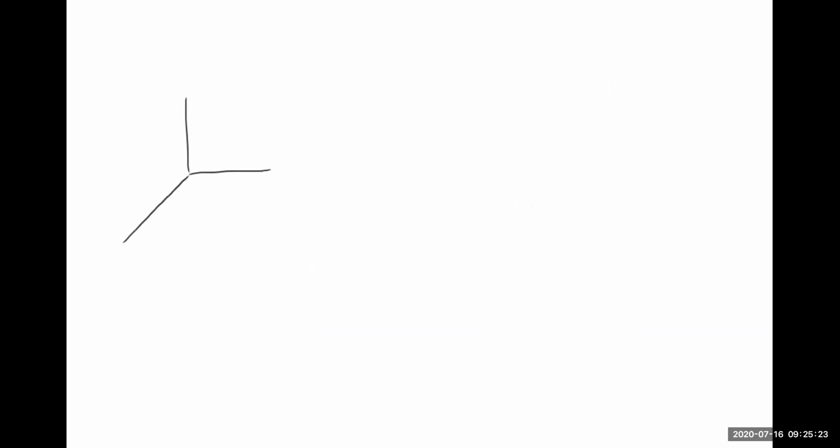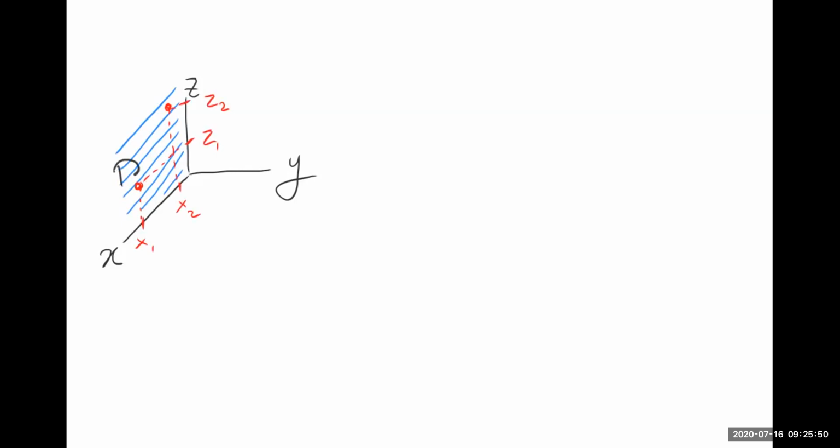For example, if you look at this blue plane here, which contains the x-axis and the z-axis, if we choose different points here, we can see these points have different x variables. They have different z components. But they all have something in common. Let's show these points with p and q.